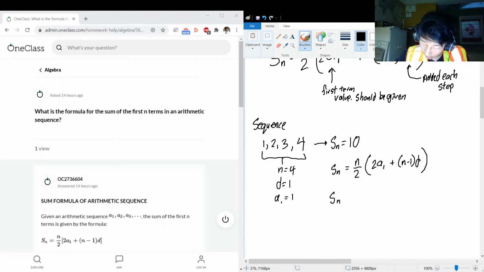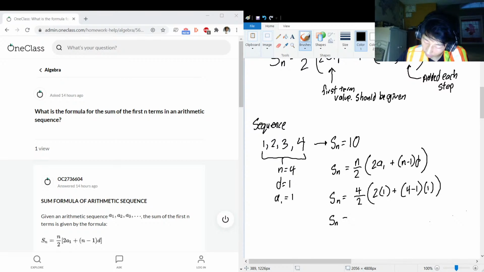Okay, S of n, our n is 4 over 2 times 2 multiplied by 1, because 1 is our first term, plus n minus 1, so that's 4 minus 1, and multiplied by d, that's just 1.